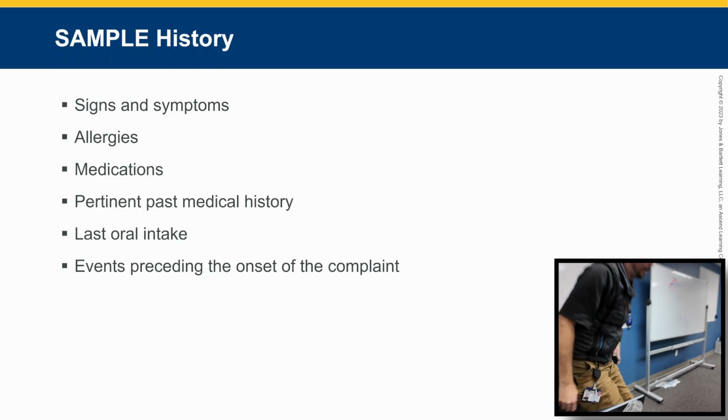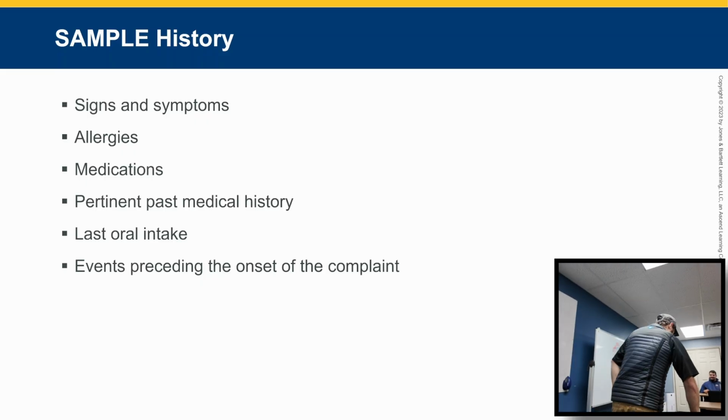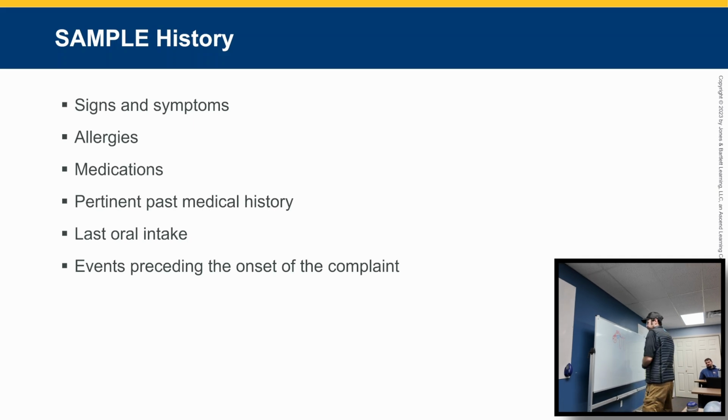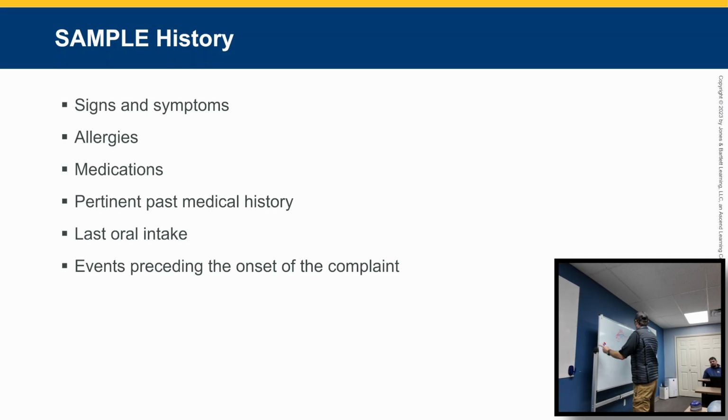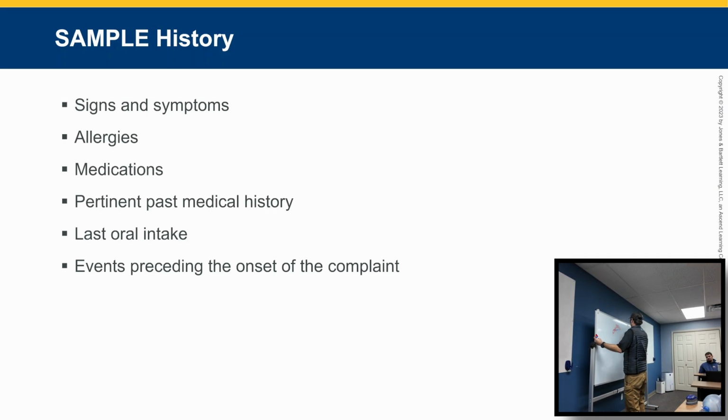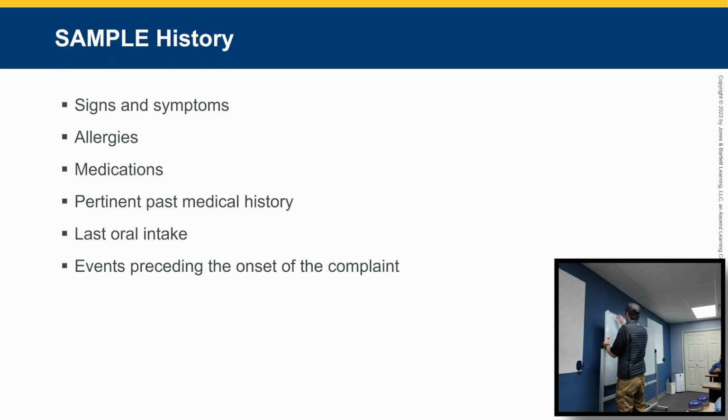I'll give you one quick diagram here that'll kind of answer your question, with a little bit of a flow chart. First thing we're going to do, the NREMT patient assessment flow chart.